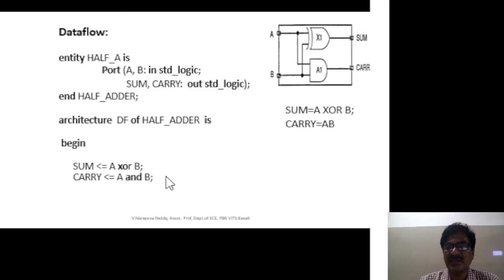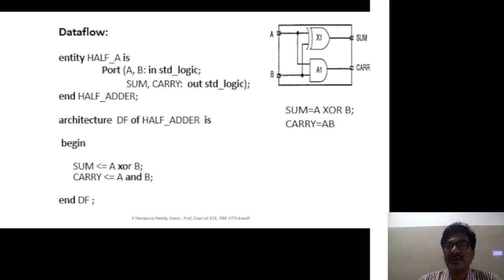That's why here carry less than equal A and B. Then end architecture name, that is DF. Like that you can develop the architecture body in the data flow style.